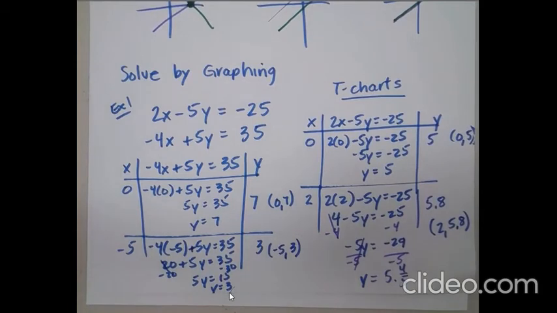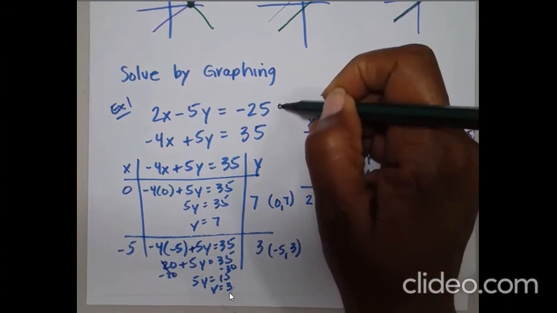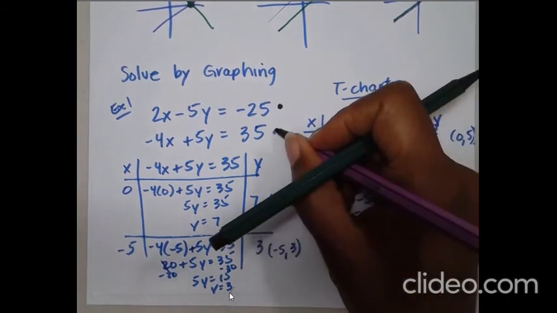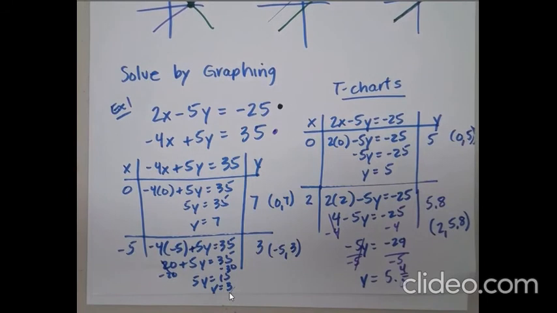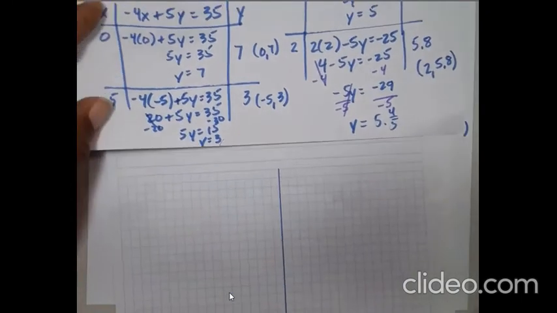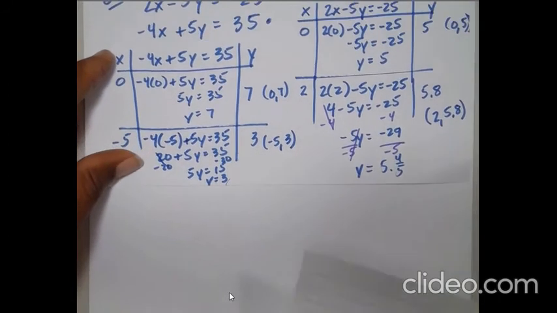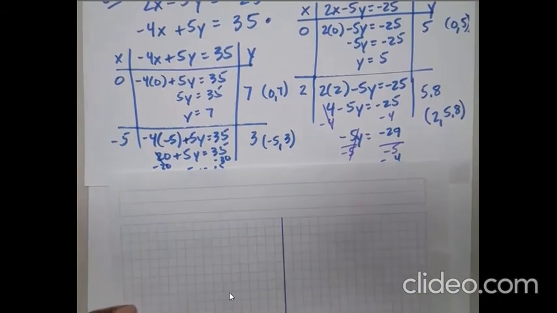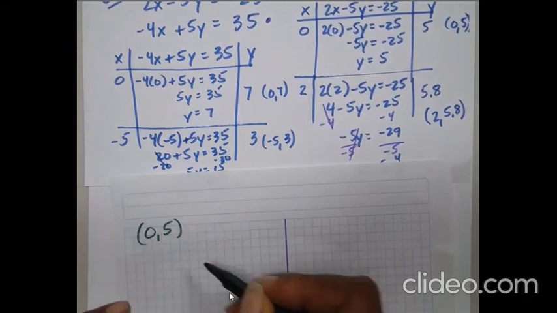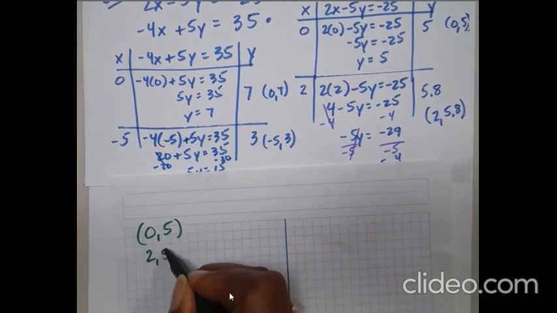Now that we have 2 points for each graph, I'm going to take this first one and call it the green graph. And the other one, I'm going to make the purple graph. I'm hoping you can see the difference in those colors. Looking at our points, for the green graph, we have (0, 5) and (2, 5.8).